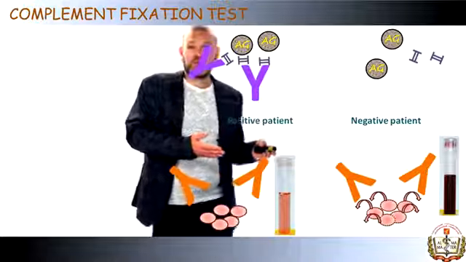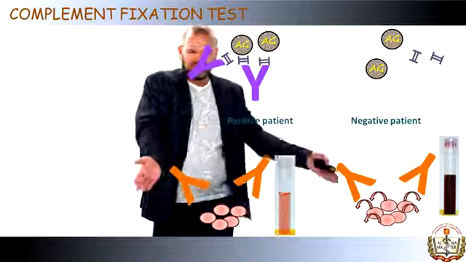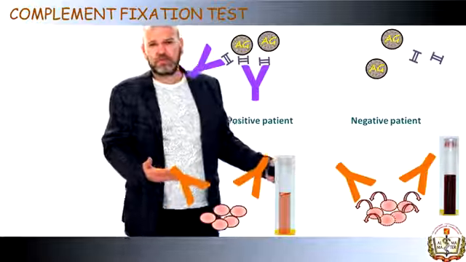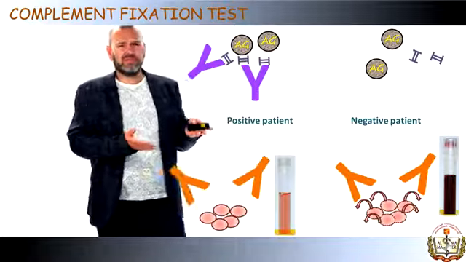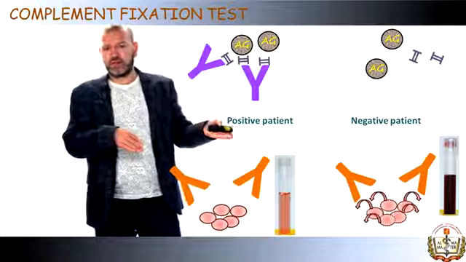And if you miss the result, of course, it's not good. And actually, to perform the test, you need to use a high amount of reagents. A lot of RBCs are needed.